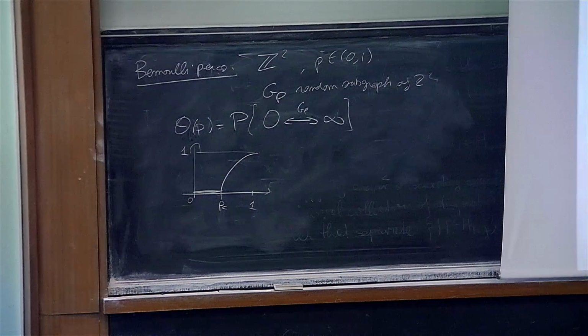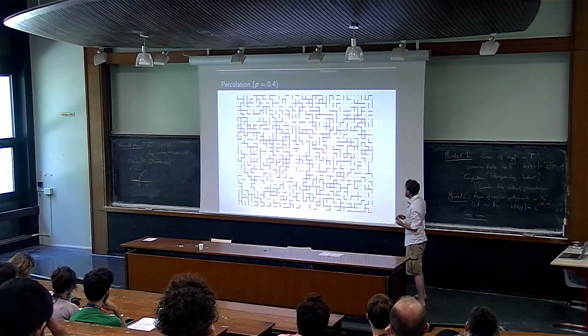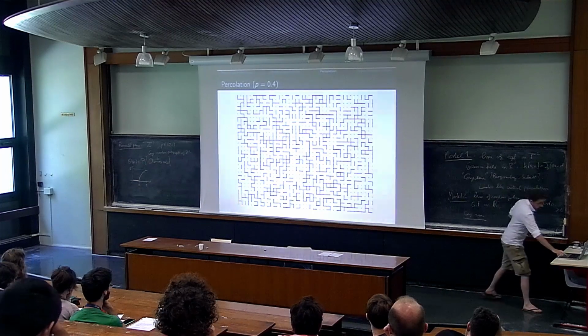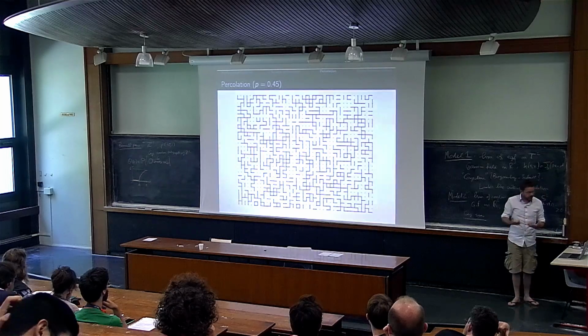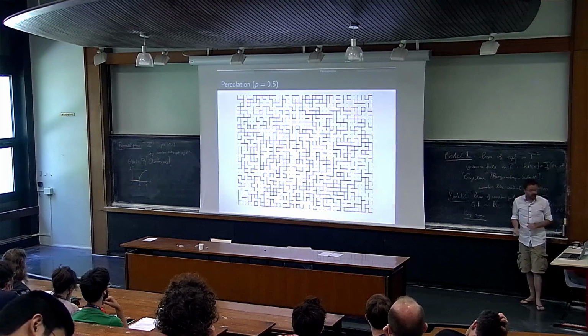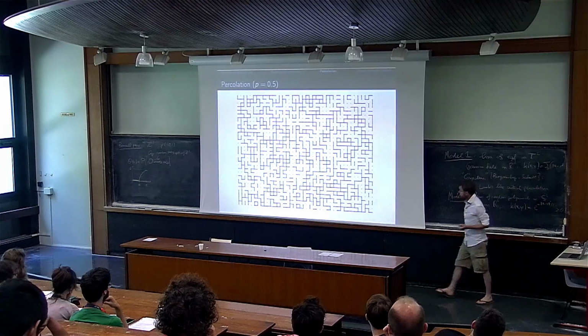So let's do a little simulation. This is p equal to 0.3. If you increase p, you see that some of the clusters merge. But here, if you look at the picture for a long time, you will not see spanning clusters. And again, if you increase p, you will make more and more things connected until something happens, in this case at p equal to 1/2.